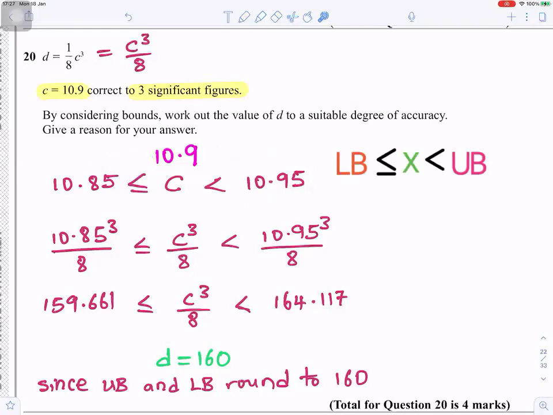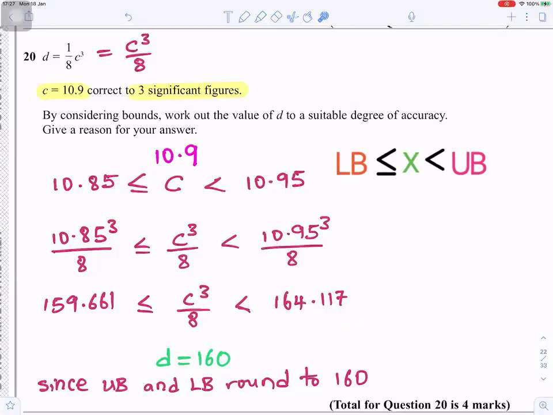So now it's c cubed divided by 8. So we'll divide by 8 on the left, in the middle, and on the right. So 10.85 cubed divided by 8. 10.95 cubed divided by 8. That will give us 159.661. That will give us 164.117.